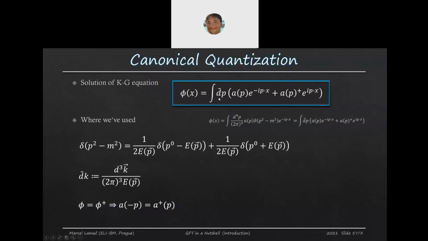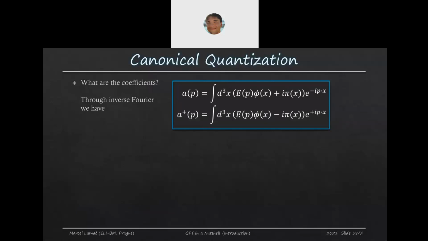Okay, so we got some expansion in terms of these two momentum dependent functions. Now we need to find out what they are. We can simply do the inverse transformation.